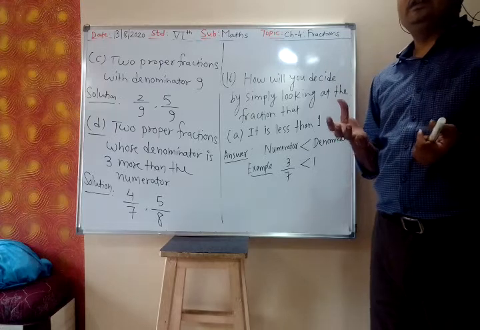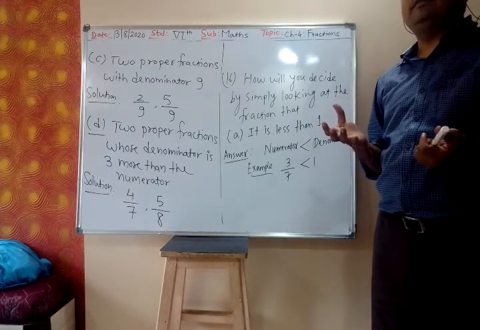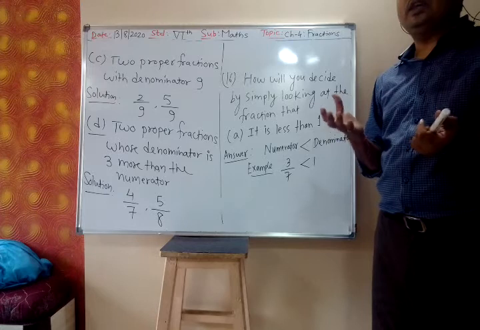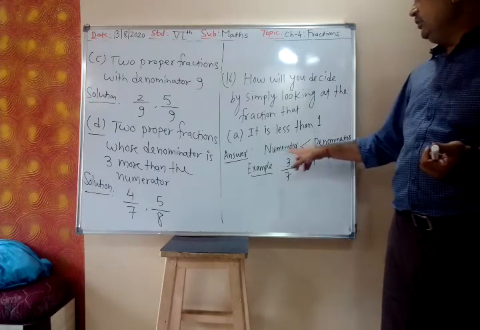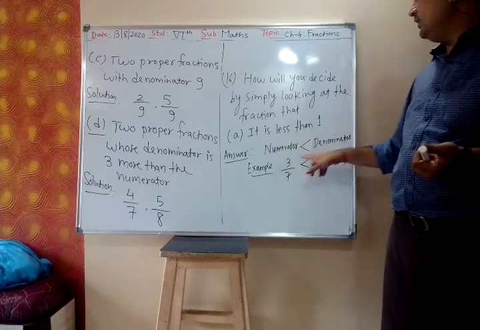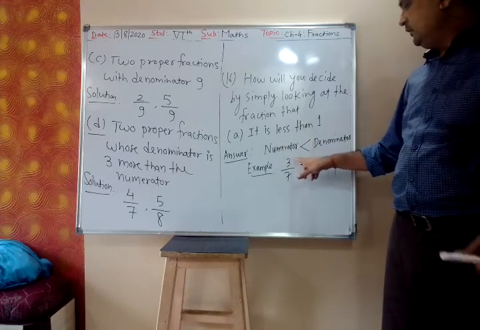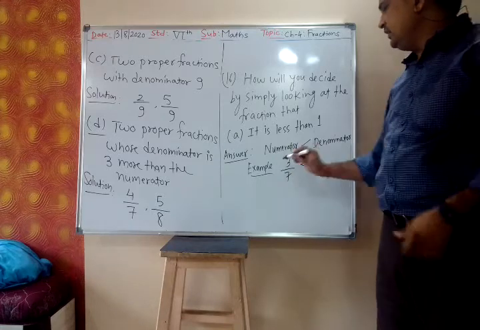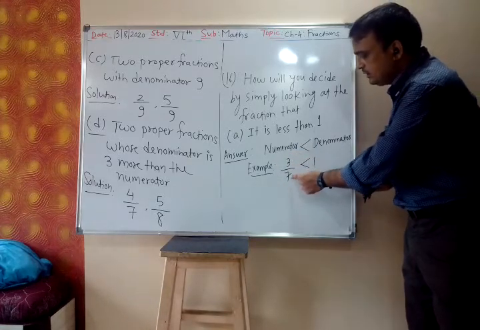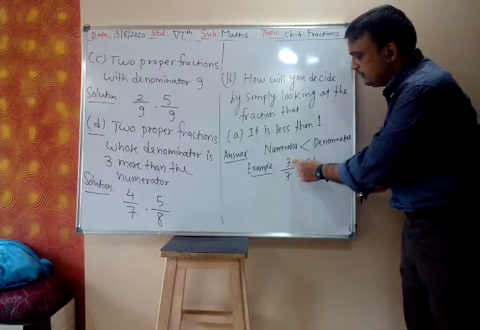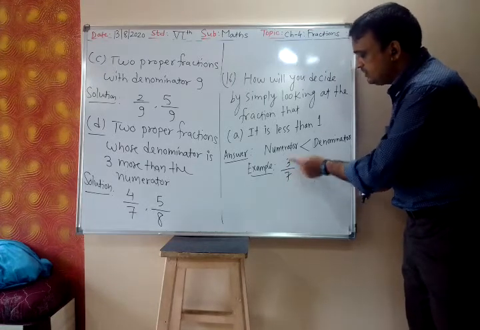After seeing them, you check whether numerator is smaller than denominator. If so, the fraction will be less than 1. What is numerator? 3. What is denominator? 7.